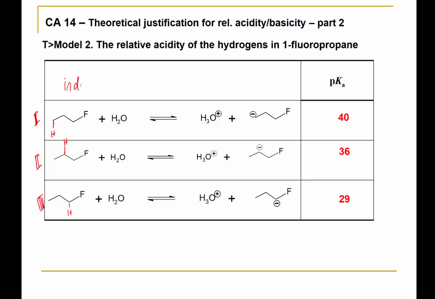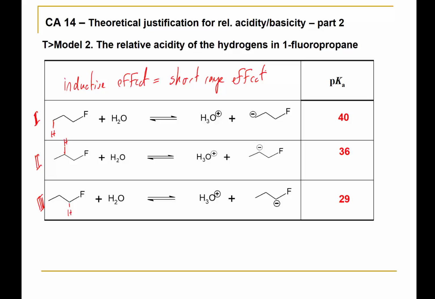So let's make that note right here. The inductive effect is a short range effect. And therefore, in order for the negative charge to be stabilized, it's best if that negative charge is as close as possible to the electron withdrawing group.